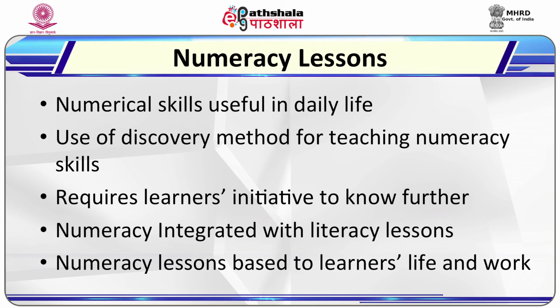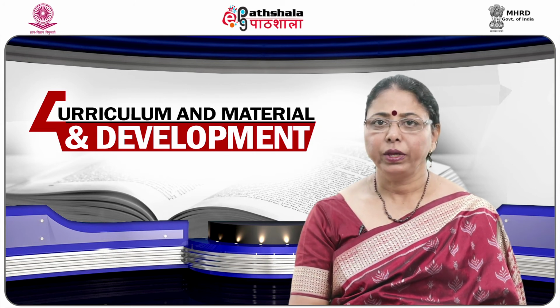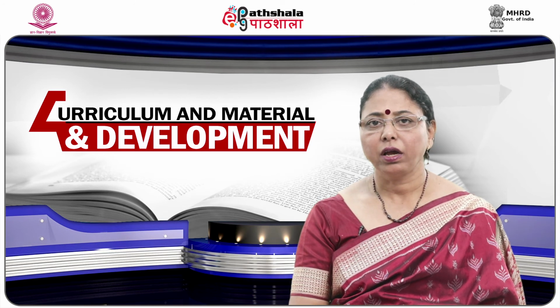The numeracy presented in lessons is related to learners' life and their routine work. Numeracy is a system. In lessons, examples are also given explaining the system, that is, once the learners know that a 0 placed on the right side of the number raises its value, then they can guess the other numbers with 0 on the right side, that is 10, 20, 30, 40, etc. It becomes easy to learn and do.